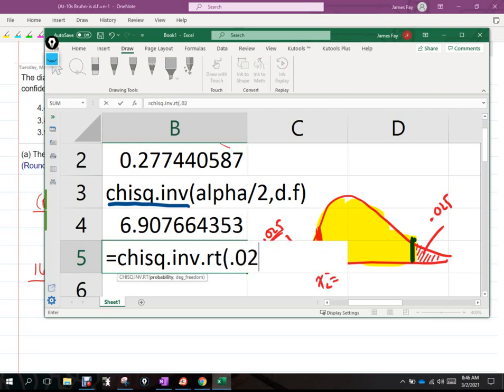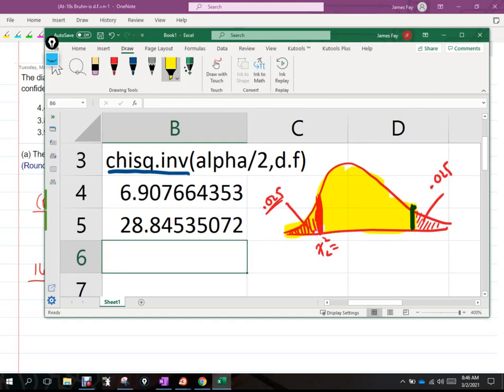So the reason maybe you would like this is because the arguments for that command are exactly the same as the arguments that we used up here in this command. Does that make sense? Okay, and the only thing that would be different from this line and this line is the .rt. Okay, hit enter, and I get that value.